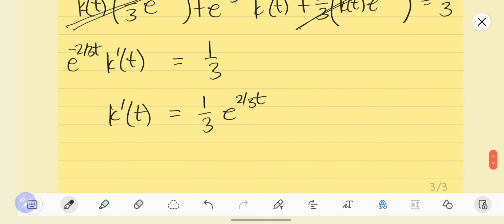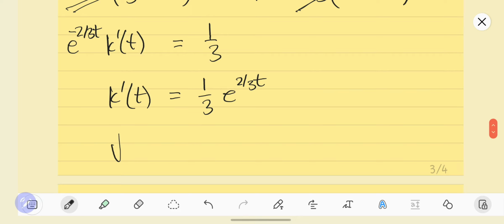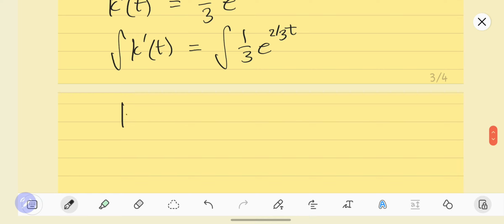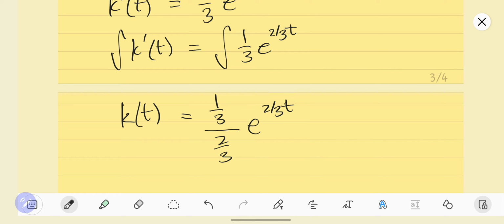And then you integrate this equation. So k prime of t is equal to the integral of 1/3 e to the 2/3 t. So this becomes k of t is equal to 1/3 over the 2/3 e to the 2/3 t, then plus c.